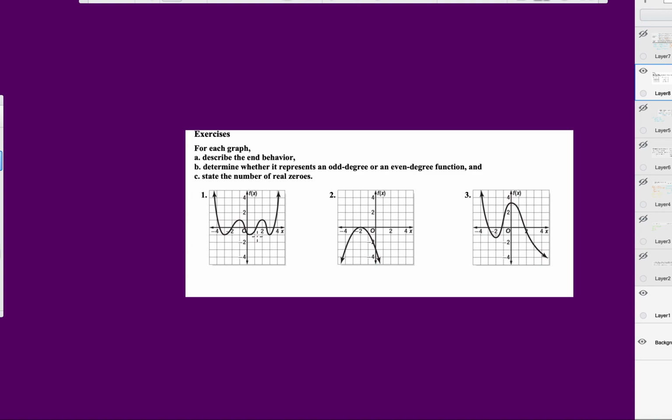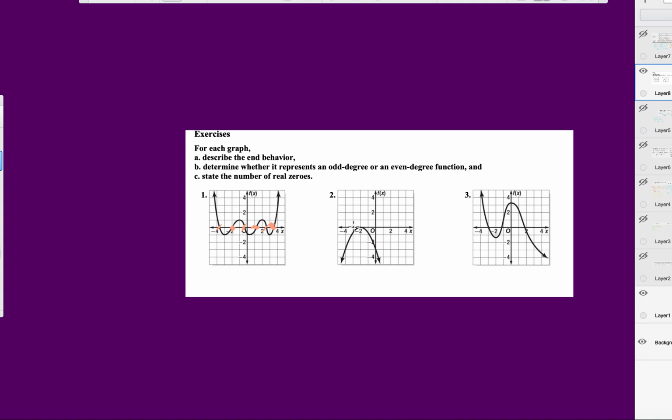And those real zeros, believe it or not, are just simply where this graph crosses the x-axis. There's a 0, there's a 0, there's a 0. Wow. I'll tell you a secret about that a little bit later.